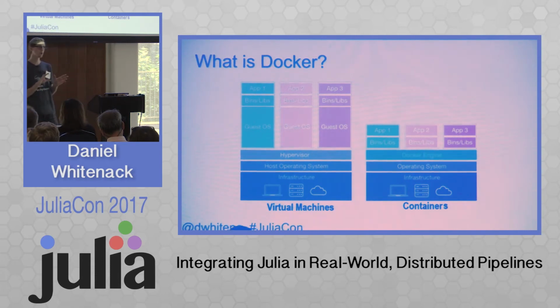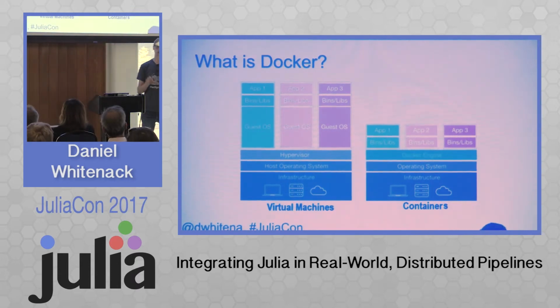So that makes it both smaller, which makes it much more portable, but it also means that you can have a bunch of these Docker images running and they all share resources on your node.